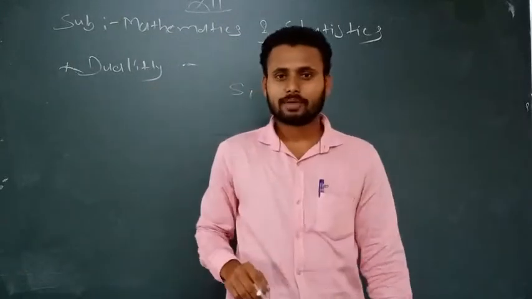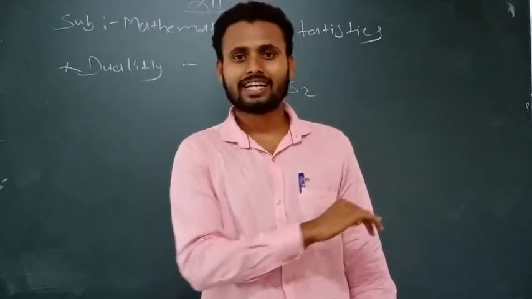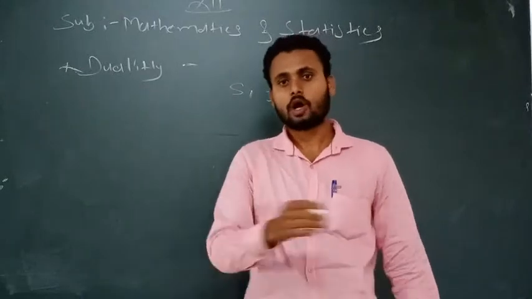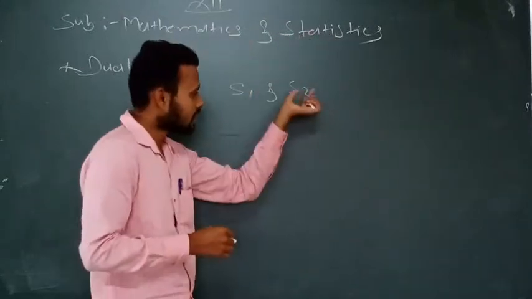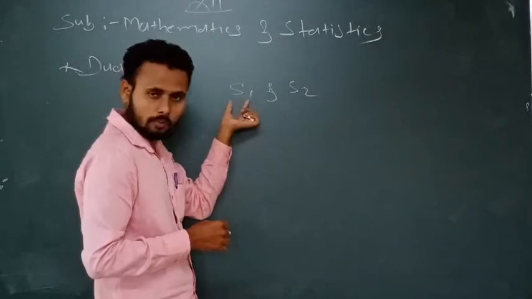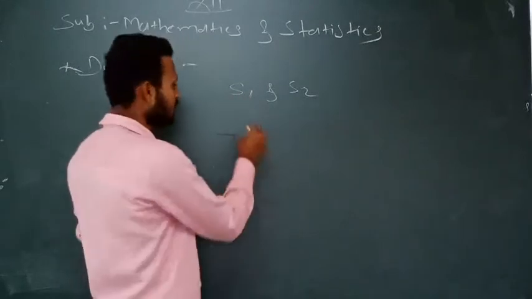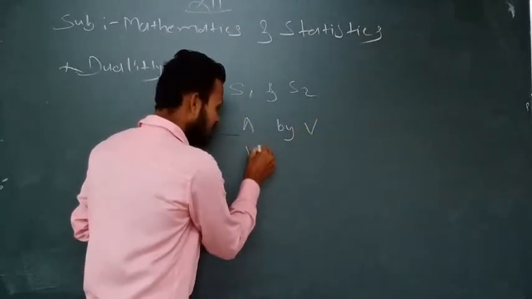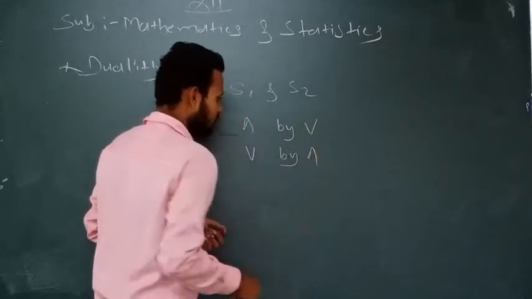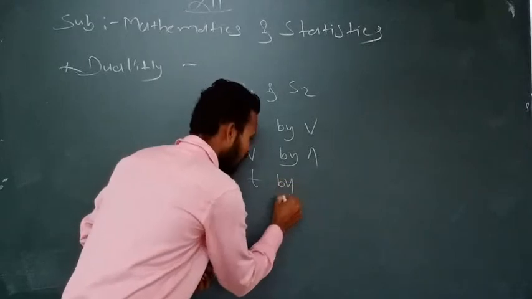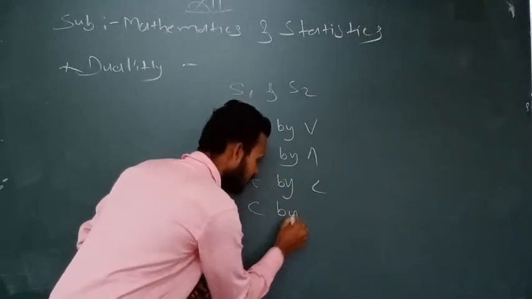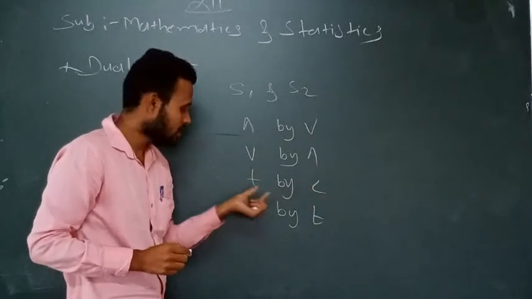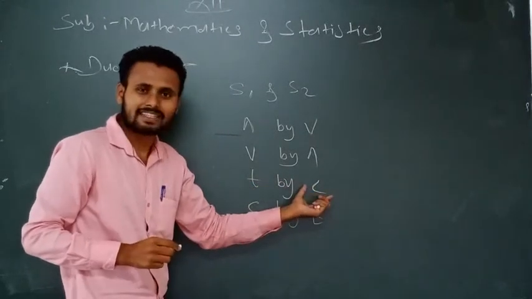Two compound statements S1 and S2 are said to be dual of each other if one can be obtained from another by replacing conjunction by disjunction, then disjunction by conjunction, and small t by c and c by t, where small t and small c represent tautology and contradiction respectively.